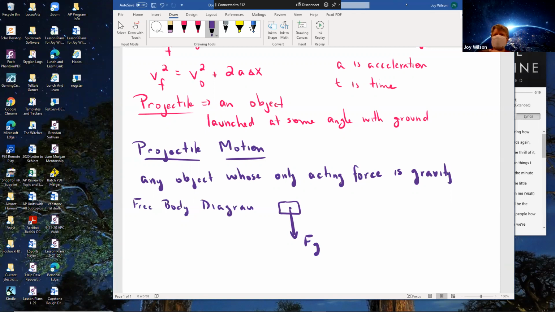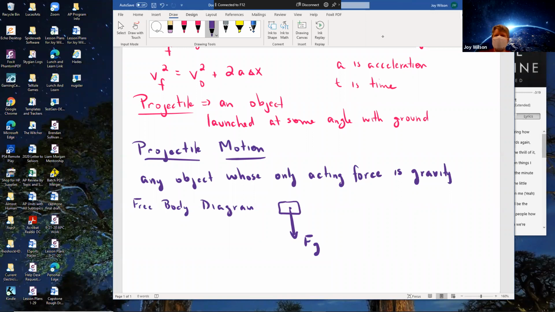So for kicking a football, if Dylan was to run up and kick the football, after he has kicked it, it is now moving up and out at some angle. That original force that started the motion is not considered part of our problem. Okay, so we're looking at it after it's already moving and in the air. And then the rest of the time, the only force acting on it would be gravity.